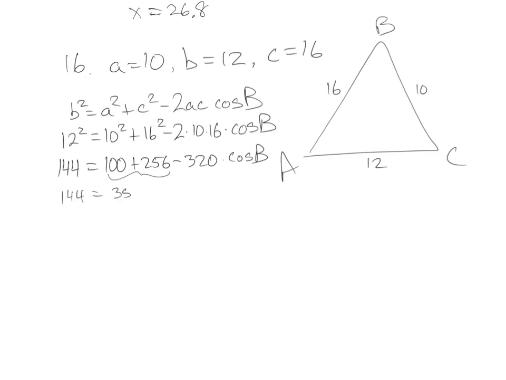So that's 356. You want to try to do as many calculations individually as possible. Try not to do a whole bunch at the same time. So subtract 356 from 144. Get negative 212. And don't drop this negative, the minus sign. And so now you've got to divide by the negative 320.